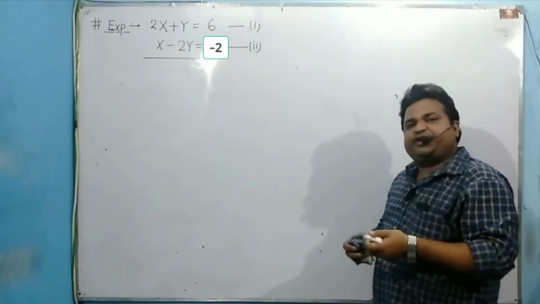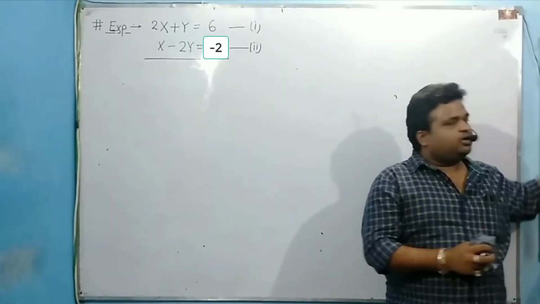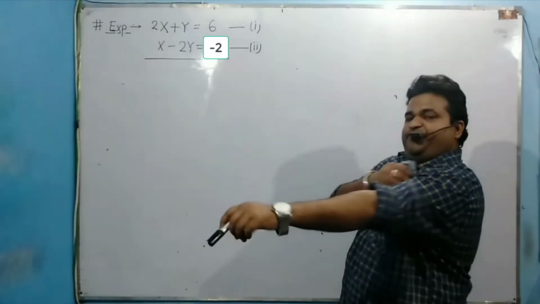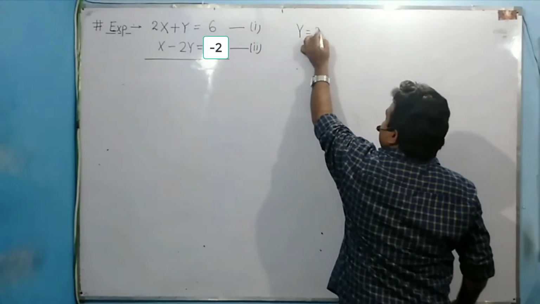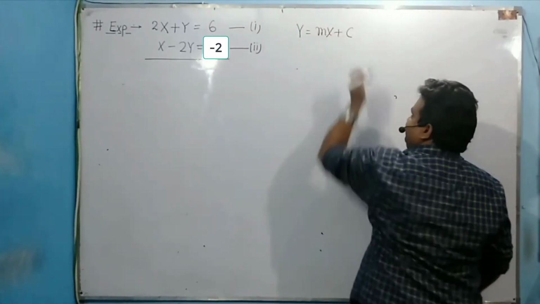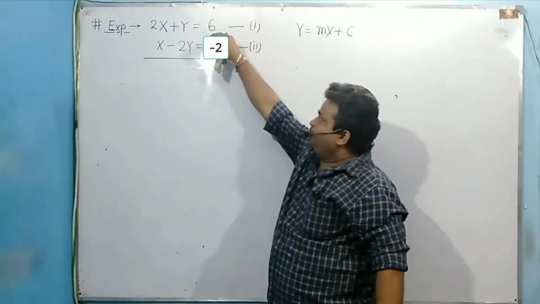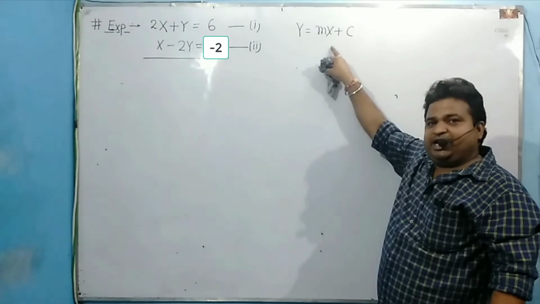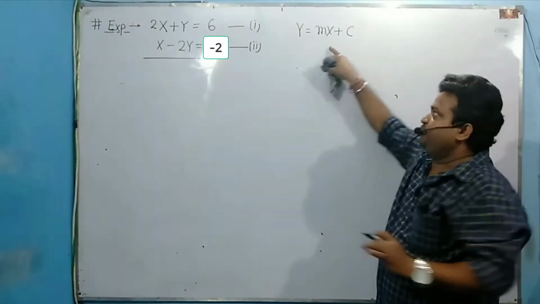In the graphical method, first you convert your basic equation into y equal to mx plus c form. I know this is a straight line equation. So first you convert both equations into this form and then find the straight lines, and where both lines intersect, that is the solution of the equations.